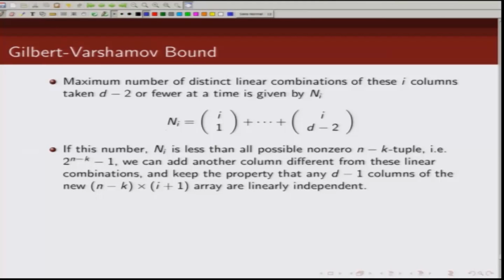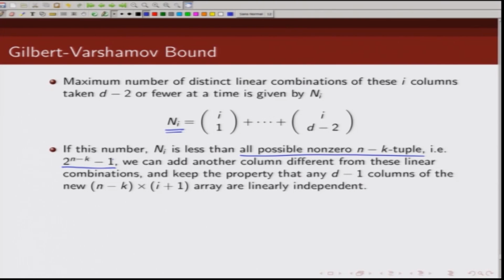Now, if this number N_i, which we just computed, is less than the number of all possible non-zero (n minus k)-tuples. Now, how many non-zero (n minus k)-tuples do we have? We have a total of 2 raised to the power n minus k, minus 1, because one of them will be the all-zero tuple.